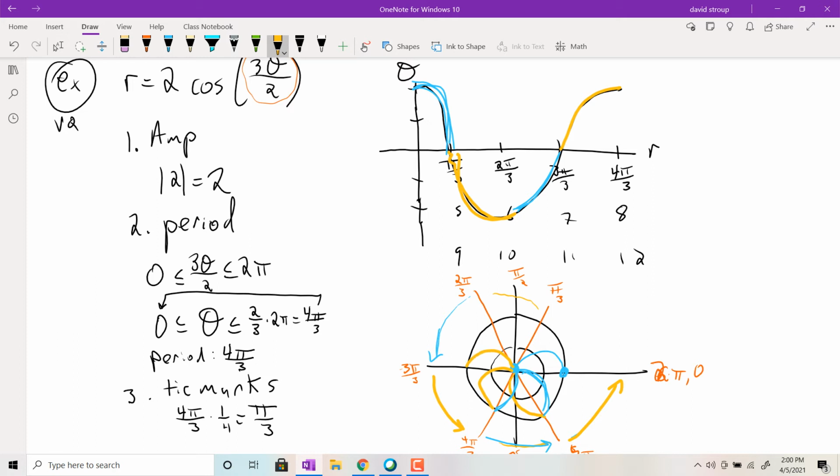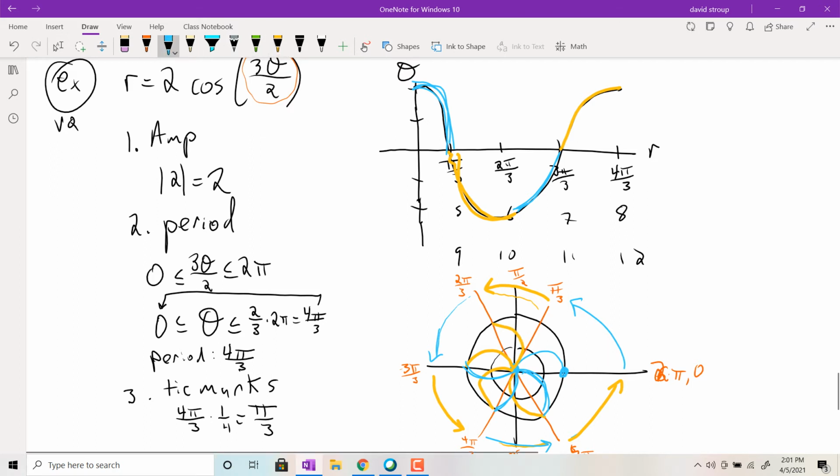And then 6 pi over 3 is really just pi over 2, 6 to 7 is in this quadrant. Okay, and it will increase back to 0, like that. And then 7 to 8 is this sector. And it's going from 0 to positive 2, so it's increasing back out like this.